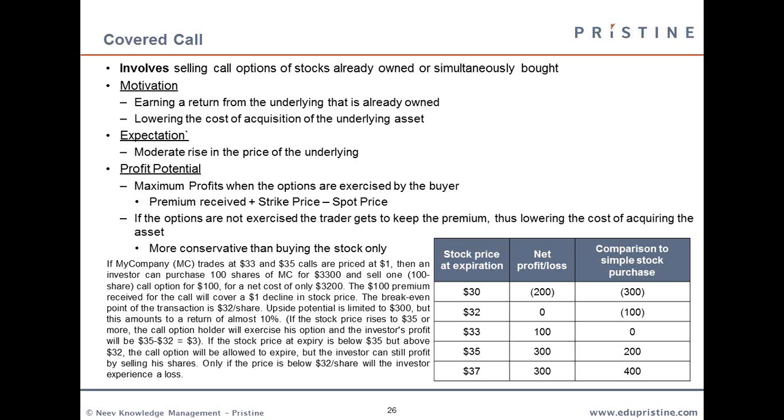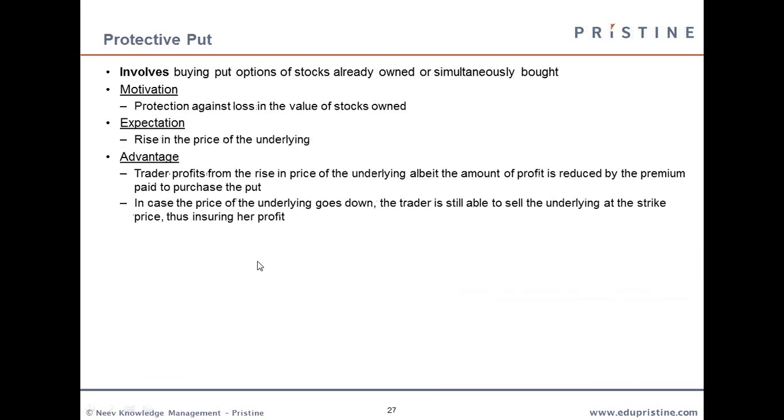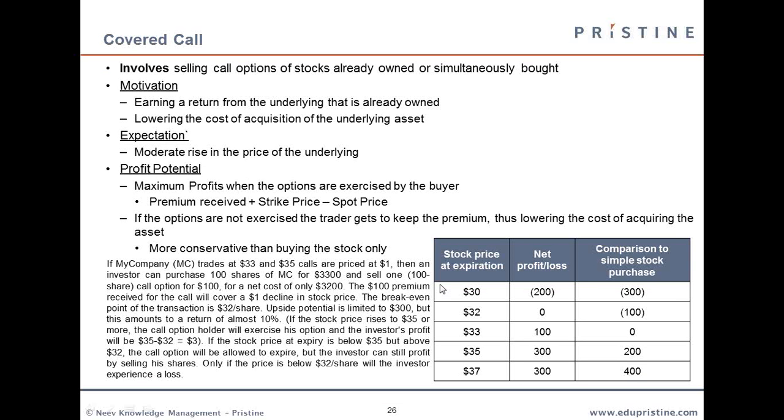Here I used an example to illustrate, to compare the net profit and loss by using this strategy when compared to a simple stock purchase. Here we have a stock which has a current stock price of $33, and we have sold strike price 35 calls at $1.